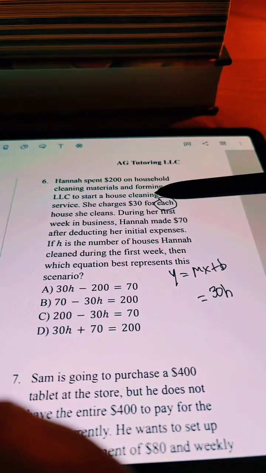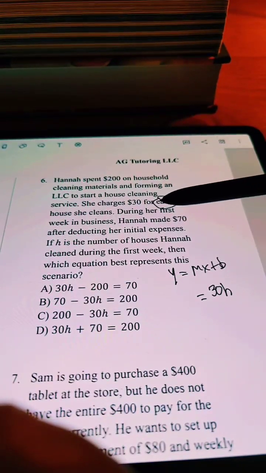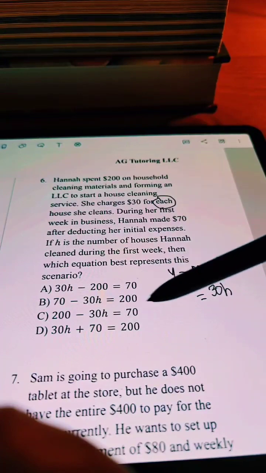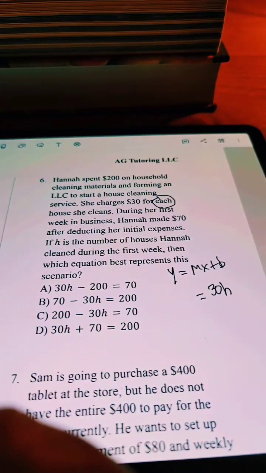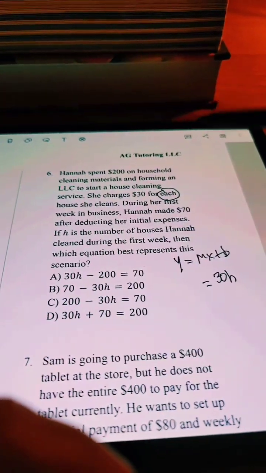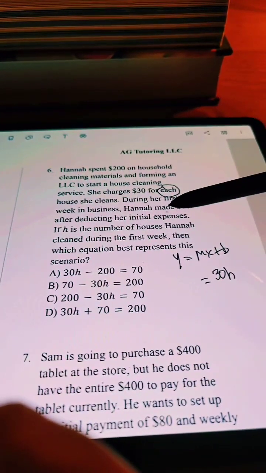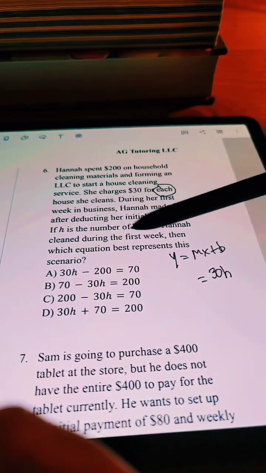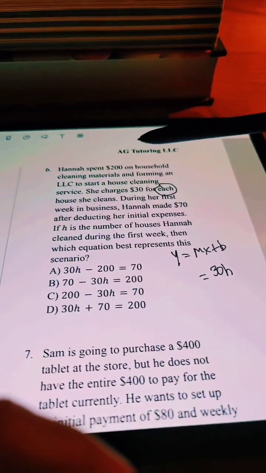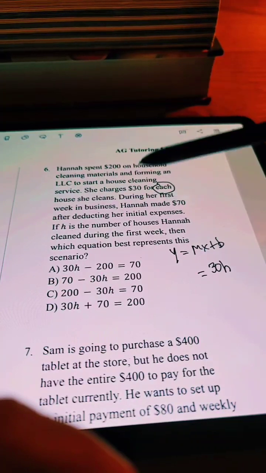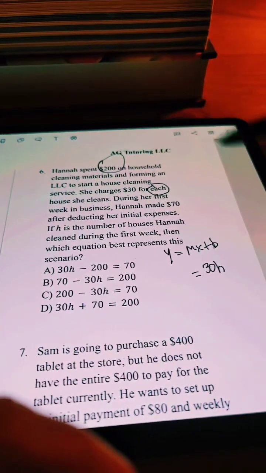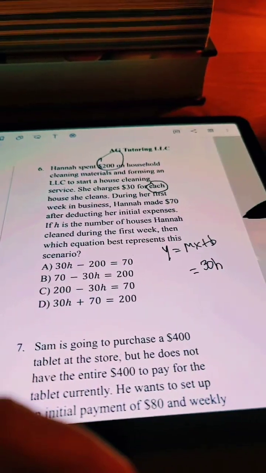And now, during her first week, this might be altered a different way. We can think in terms of 30H to help us, but you'll see it's not equal to a specific variable. So they made $70 after deducting the initial business expense, which would be $200.